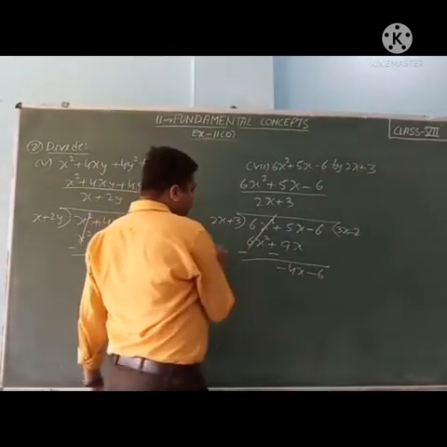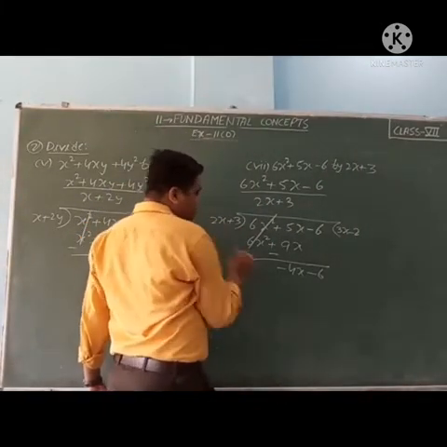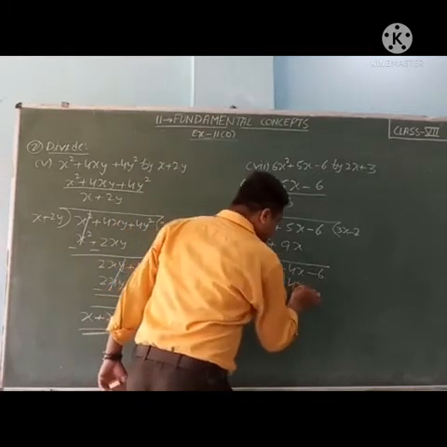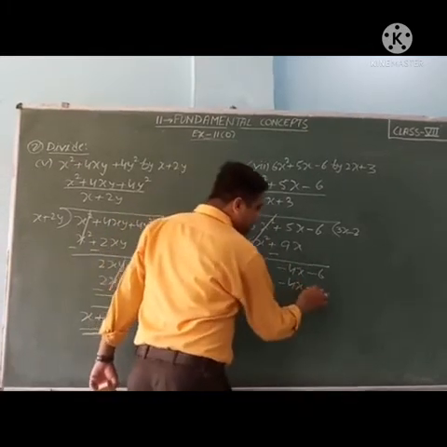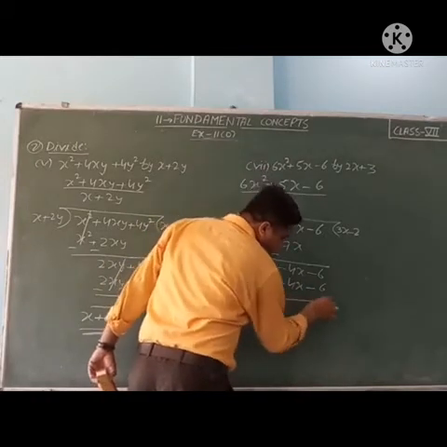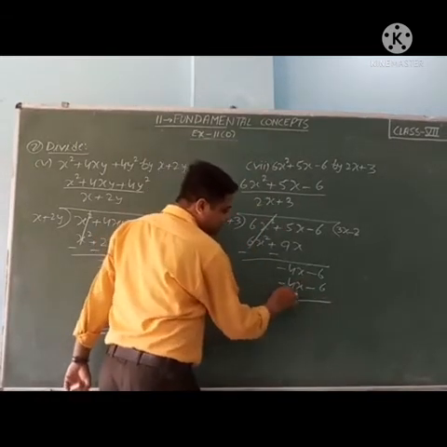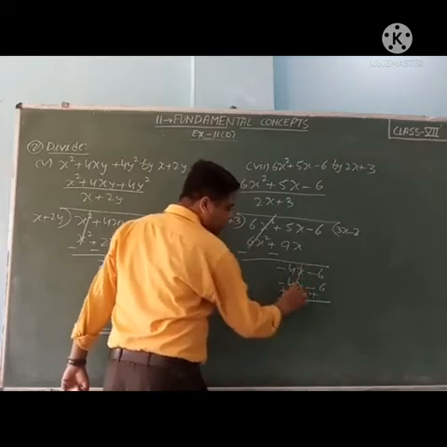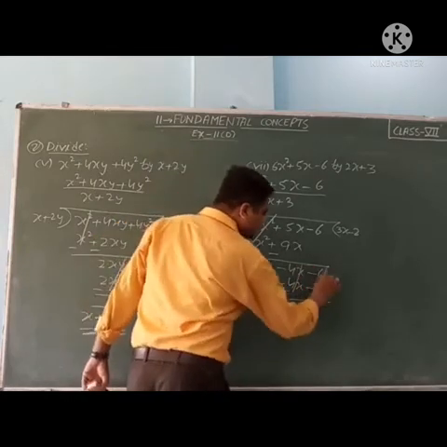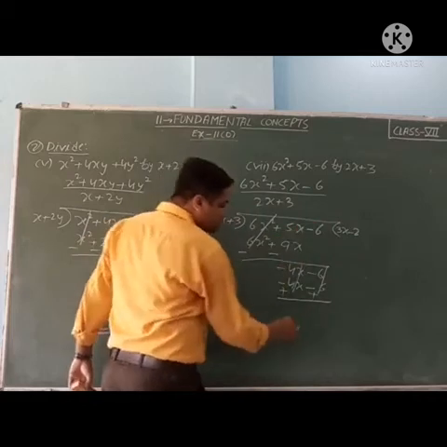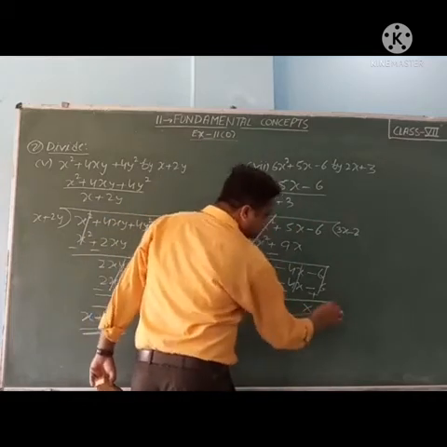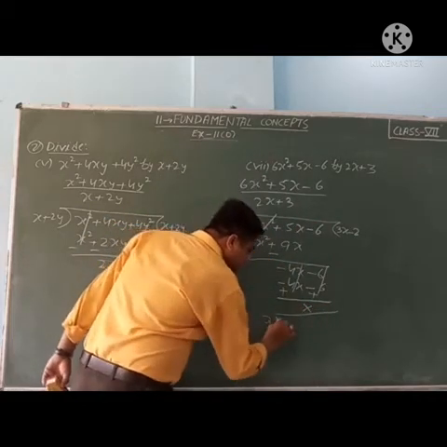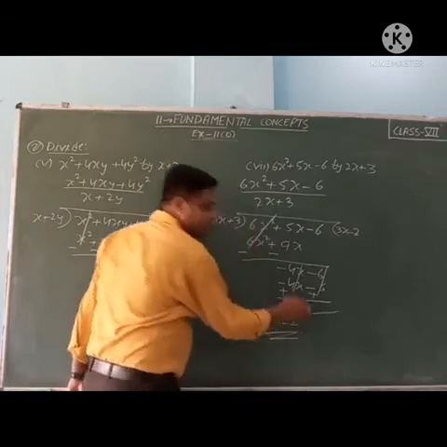So minus 2 into 2x minus plus minus 4x. Then plus minus minus 3 to the 6. Now change the sign. Minus plus minus plus. So minus 4x plus 4x cancel. Minus 6 plus 6 cancel. No any other term. So solution is complete. So answer is 3x minus 2.